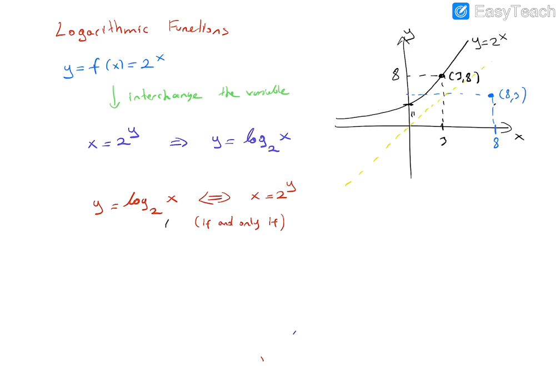By taking the symmetry about y equals x, we can sketch the graph of the logarithmic function, which will be like this one, passing through the point (1, 0). Okay, the blue one is maybe not good, but we can say that the graph of y equals logarithm base 2 of x is this one, and the x-intercept is (1, 0), and there is a vertical asymptote which is the y-axis.